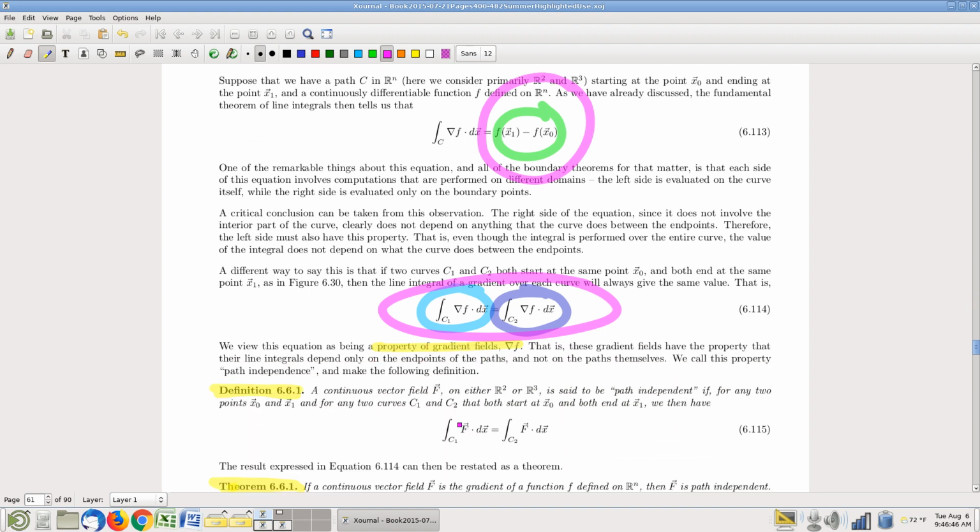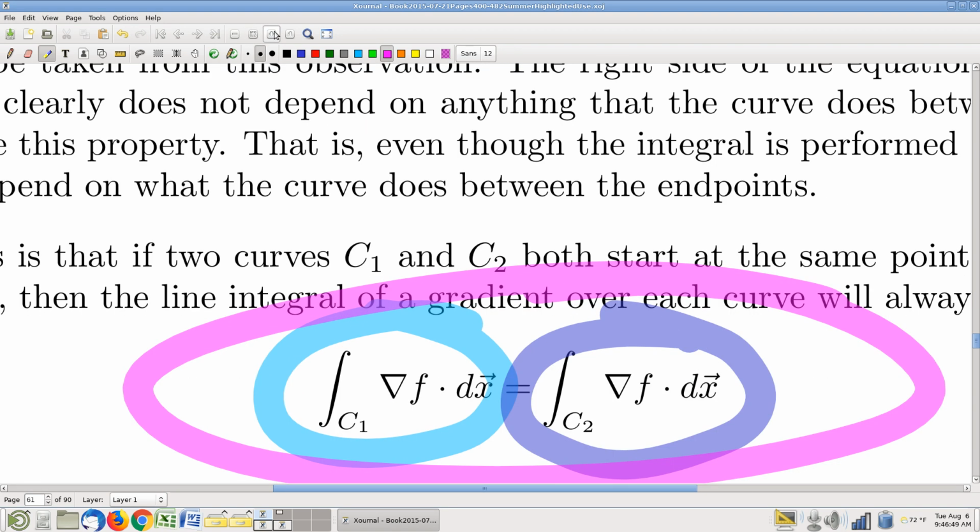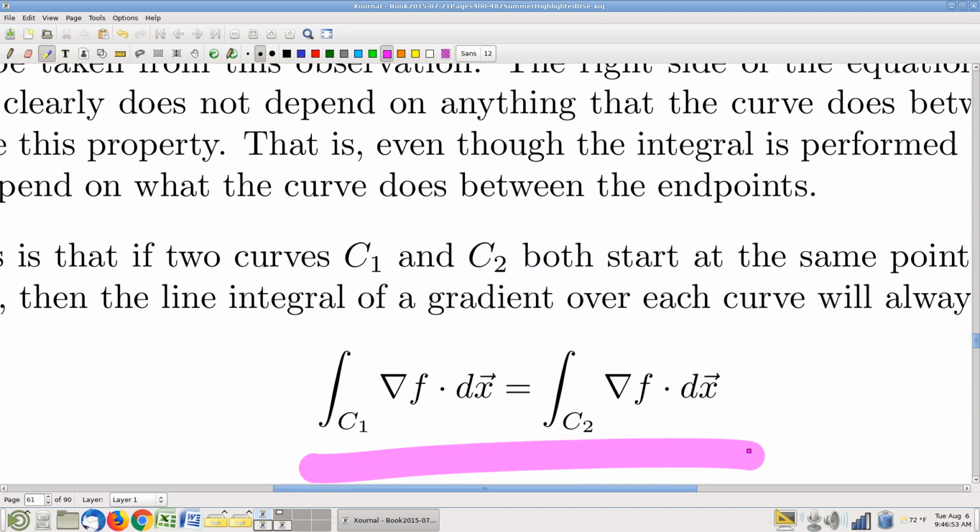And I want to take a moment to dwell on this. These are two different curves. Two totally different curves. And yet, the line integrals of a gradient field on those two totally different curves will always give you the same value. So that's weird. This is unexpected, and this is certainly not true of all vector fields.